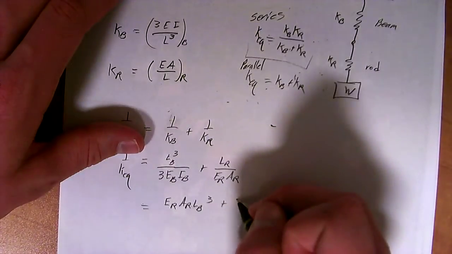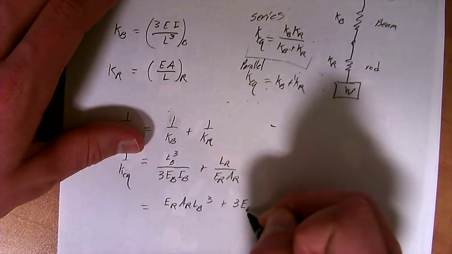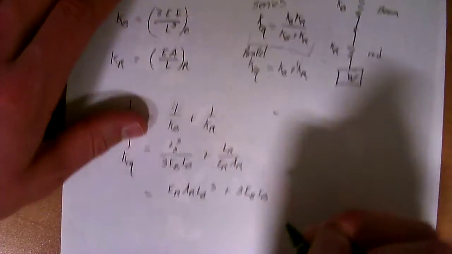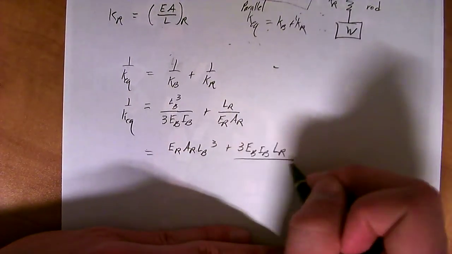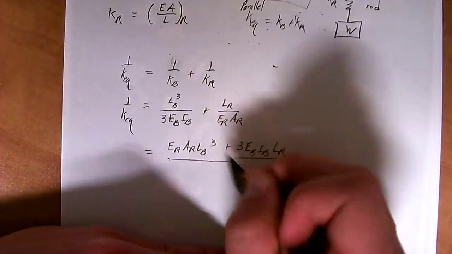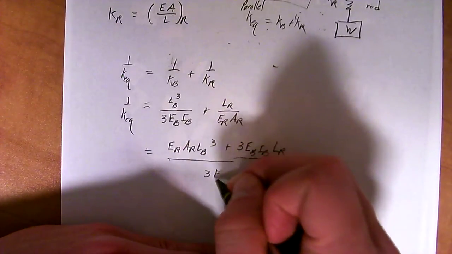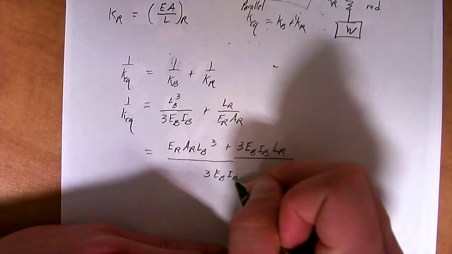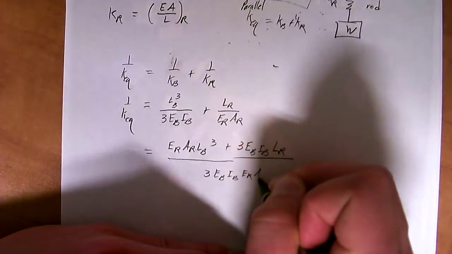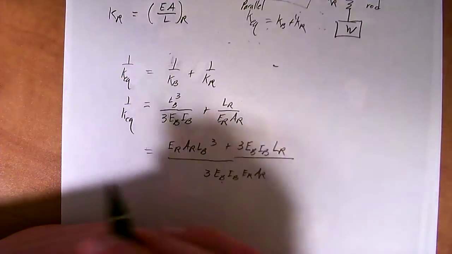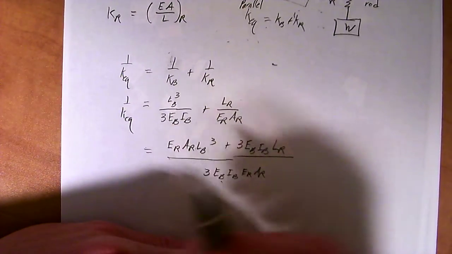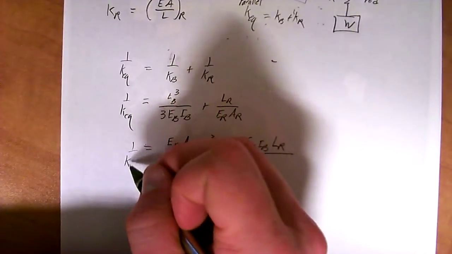A_R L_B cubed plus 3 E_B I_B L_R, all of this over the common denominator of 3 E_B I_B E_R A_R. So what I just did was multiply these across, create a common denominator, and add it together there.